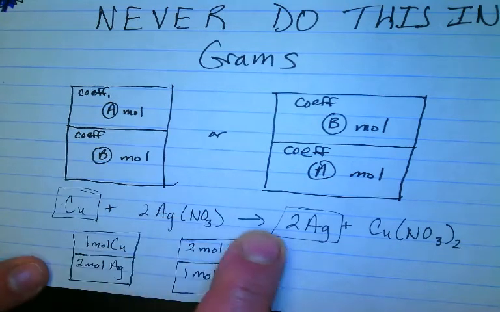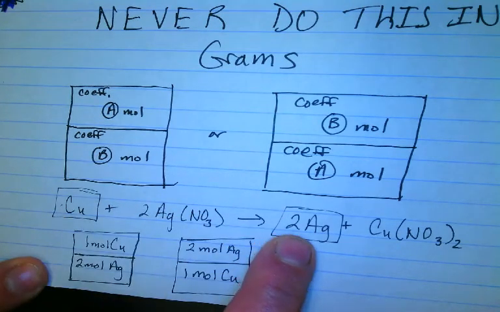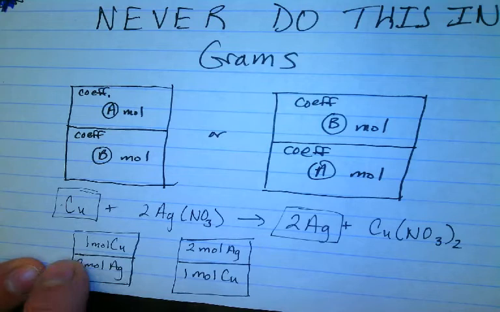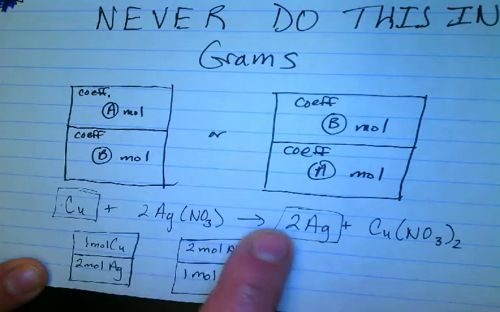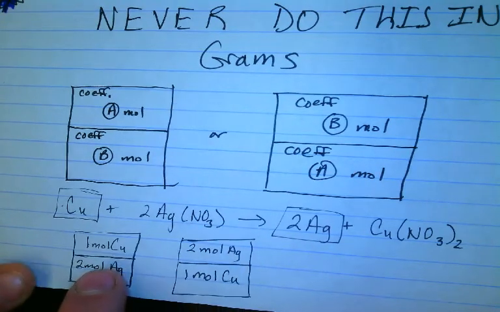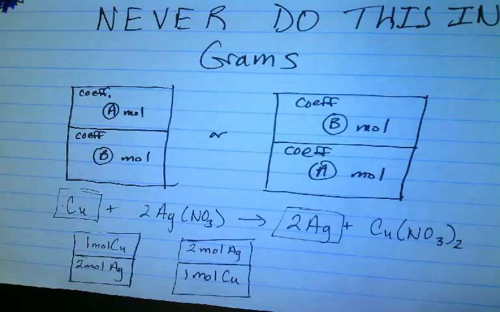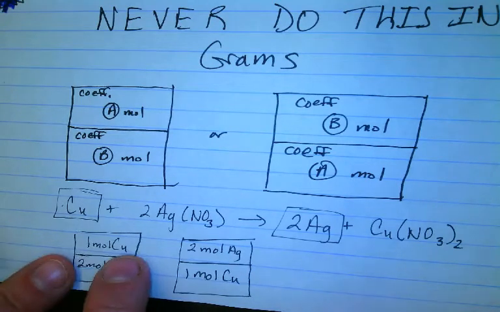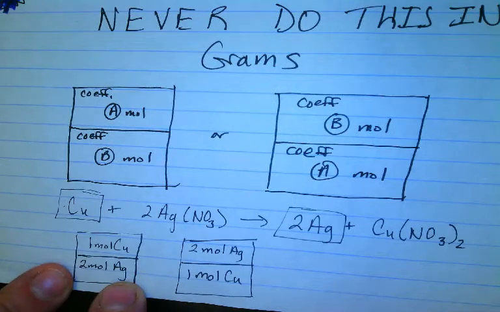I have 1 mole of copper for every 2 moles of silver. So now these coefficients that you put in there actually have a purpose. We're going to use them to calculate things. They're really important. And I only need 1 mole of copper for 2 moles of silver. What a deal. That's a buy 1, get 2 for free, right?